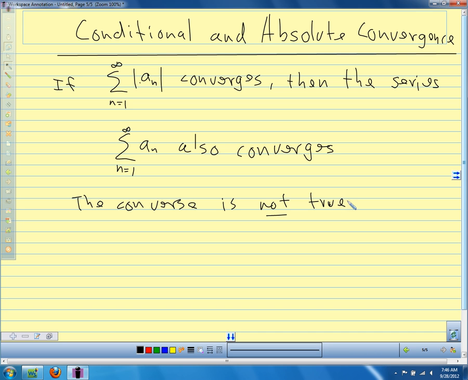The alternating harmonic series is a counterexample that shows that this converse is not true. The original alternating series converged, but the absolute value series did not converge.